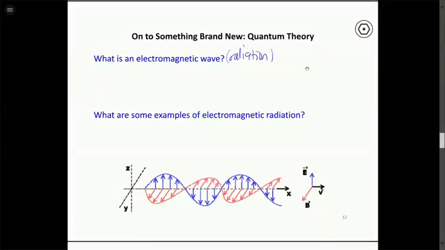Okay, so an electromagnetic wave, where the terms wave and radiation are kind of used interchangeably. So what exactly is it? We have energy that's being propagated by electric and magnetic fields that oscillate.